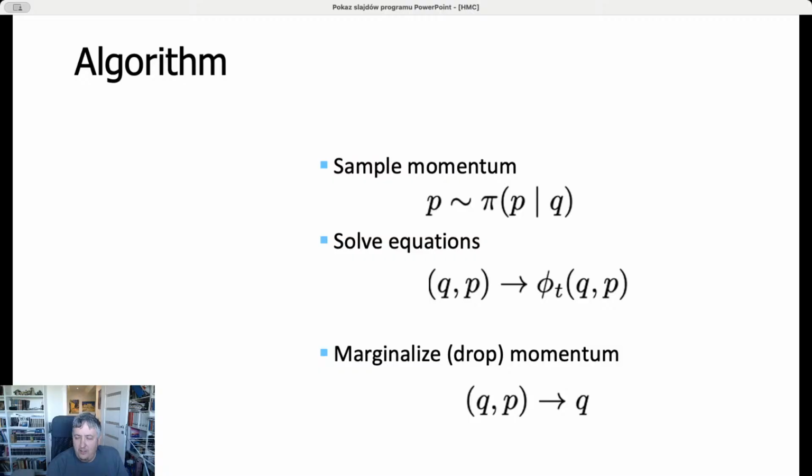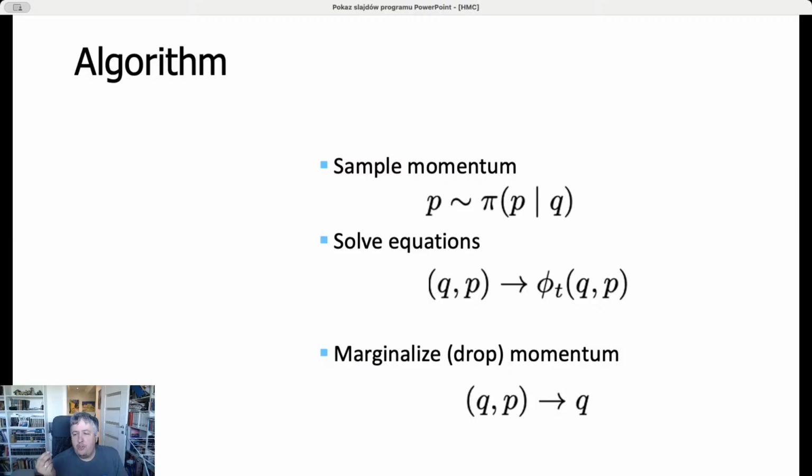So the idea of our model is that we start with a certain point in probability space. We sample momentum using a probability distribution. So we have a pair of two points: the position, which is the probability variables that we want, and the momentum, the dummy variable.